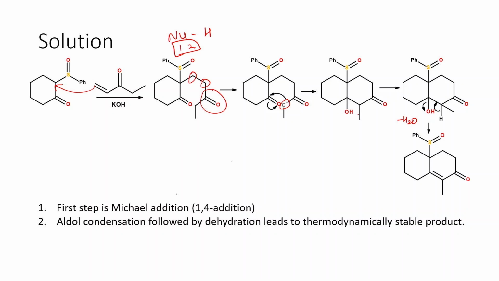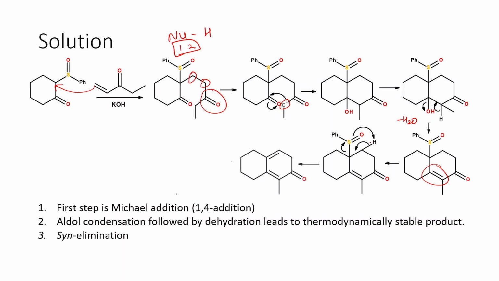So when the hydrogen is present here, it will be moved to here and the hydroxy group is lost, which leads to the introduction of the first double bond, that is what is required. And then our next step is the syn elimination. The syn elimination happens at the top here. The sulfonyl group is lost in this particular case. So the syn elimination leads to the introduction of the second double bond.